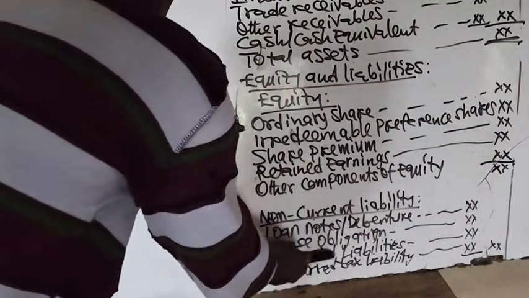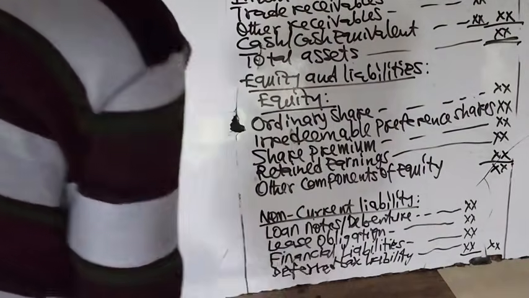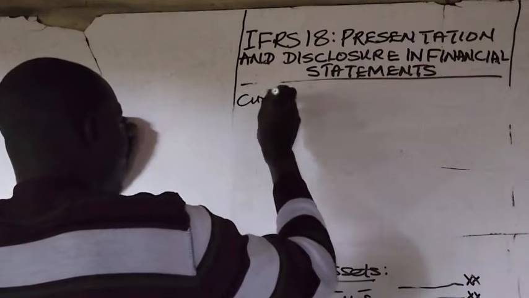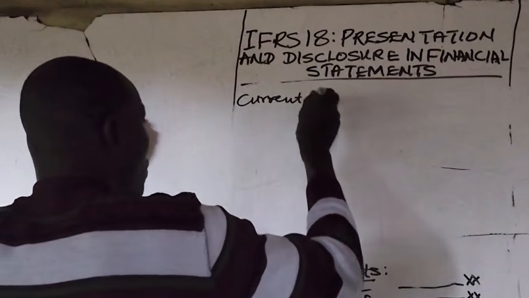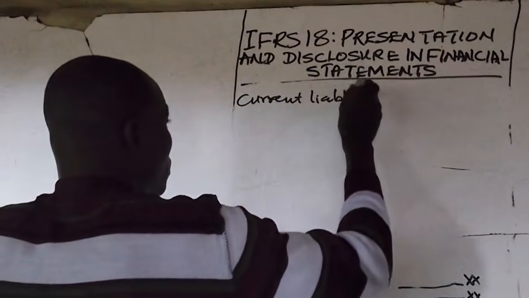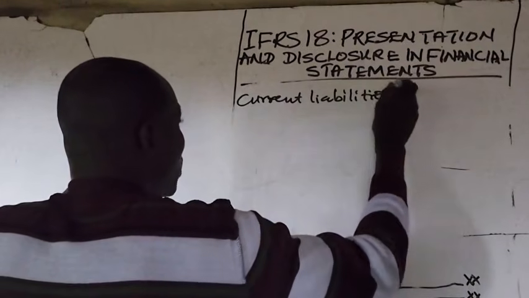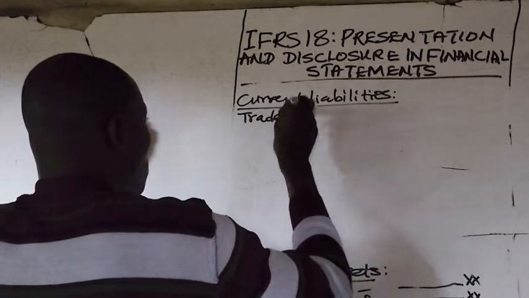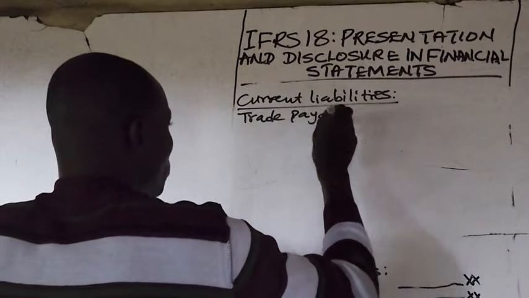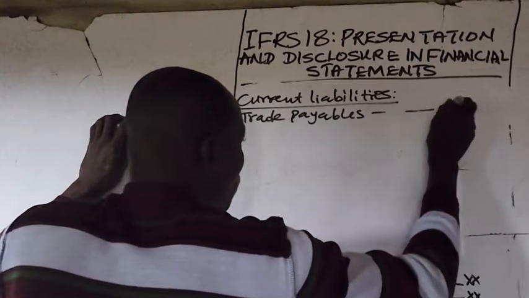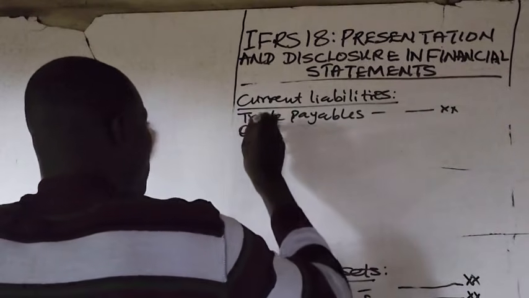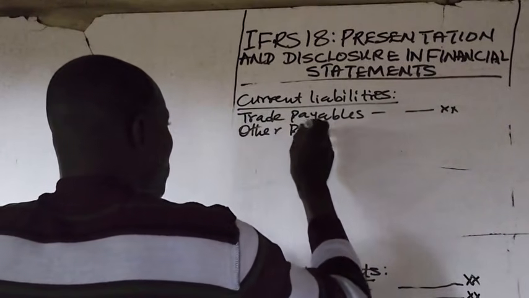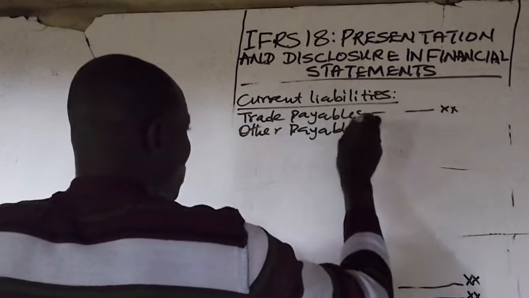After the non-current liabilities, then you have the current liabilities. Our current liabilities include trade payables. We have other payables in form of accruals.